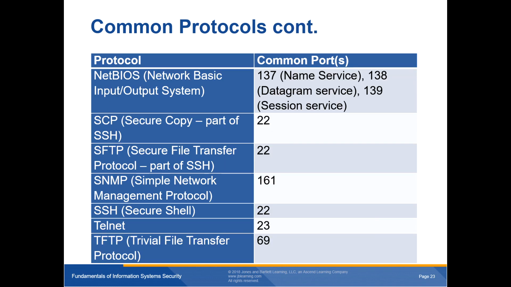NetBIOS uses those common ports: 137 the name service, 138 the datagram service, and 139 the session service. The secure copy part of SSH runs on port 22. SNMP, the Simple Network Management Protocol, for example, runs on 161. TFTP, the Trivial File Transfer Protocol, runs on 69.